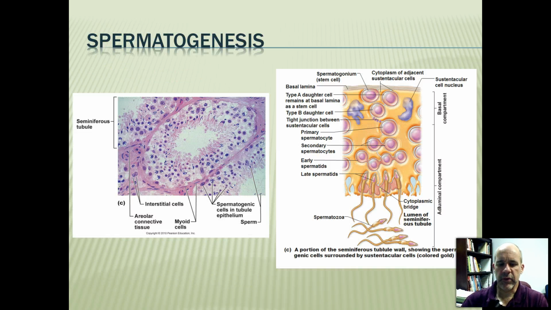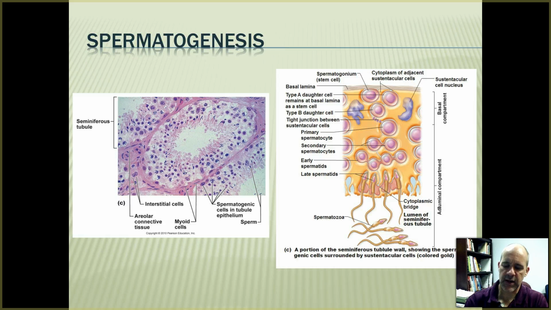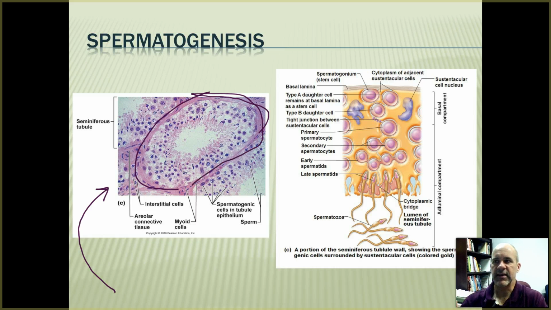All right, a little bit of a closer look at spermatogenesis, and this picture should look familiar to you. This is actually some stained tissue from the testis of a male, and what you are seeing here in cross section is a seminiferous tubule that has been cut open, so you're looking in on the end of it.